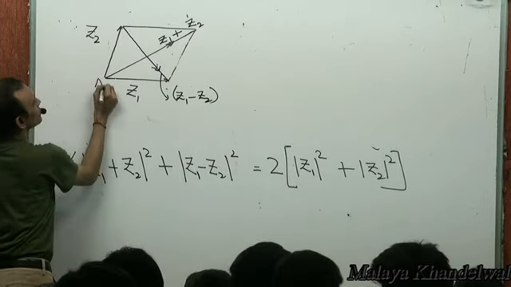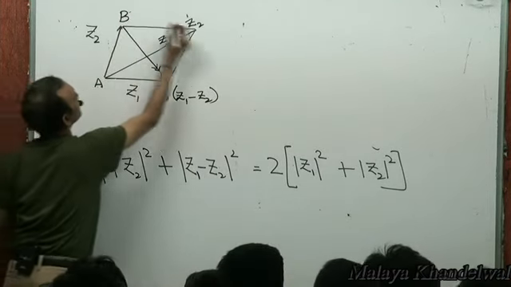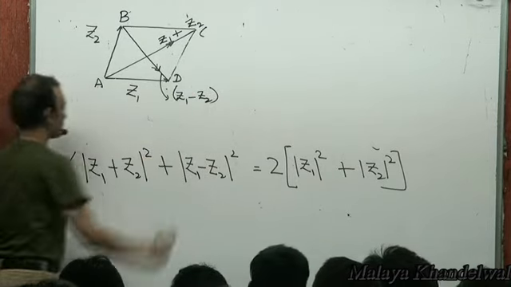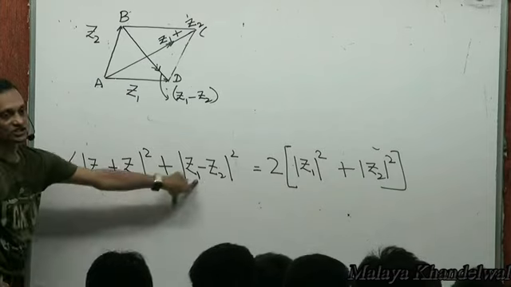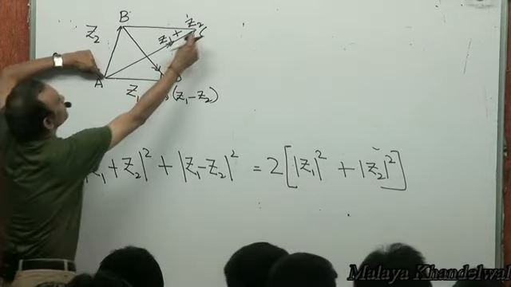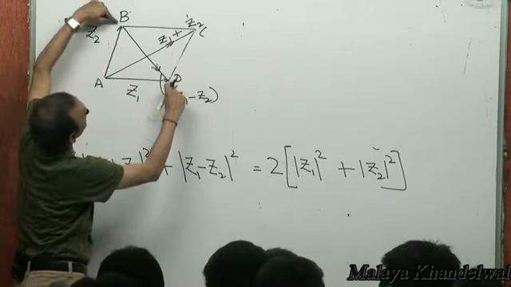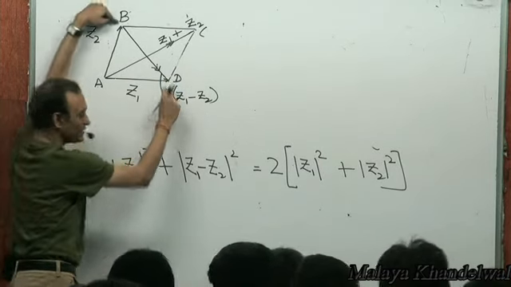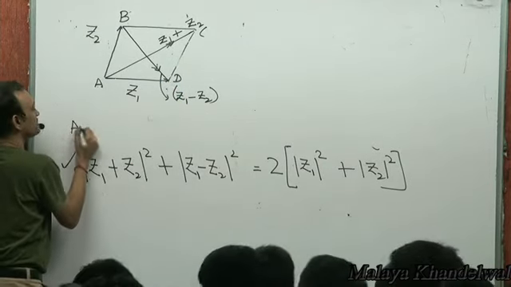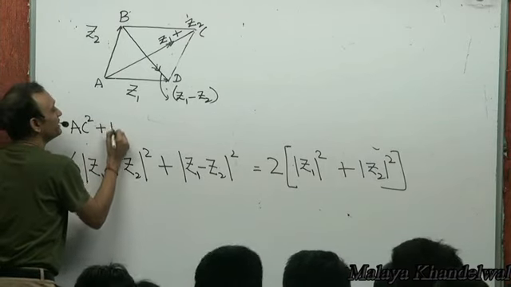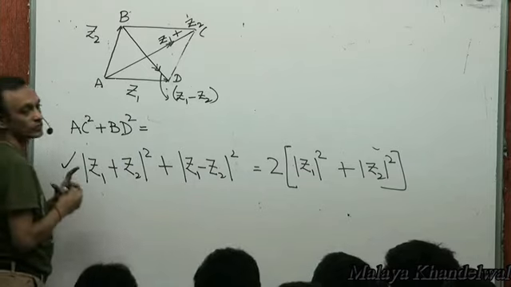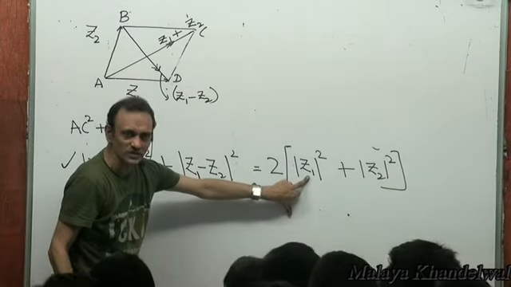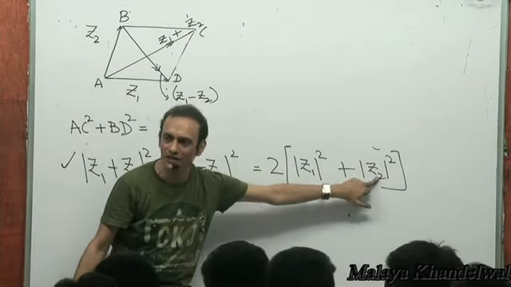Say this parallelogram was ABCD. This is the square of one diagonal, this is the square of the other diagonal. Mod z1 plus z2 is AC, mod of z1 minus z2 is BD. So this result is like AC squared plus BD squared, the sum of the squares of the diagonals of a parallelogram, equals 2 mod z1 squared plus 2 mod z2 squared.